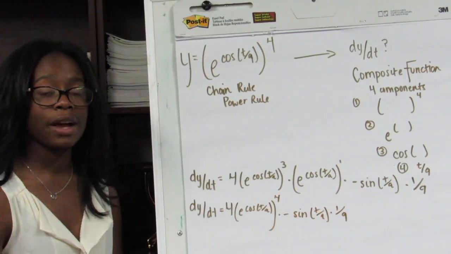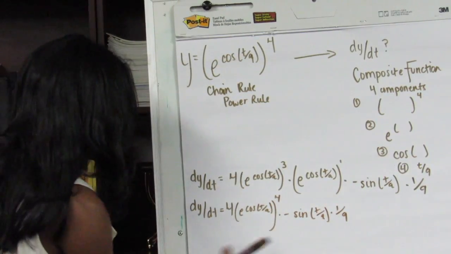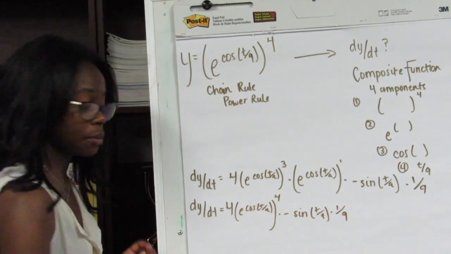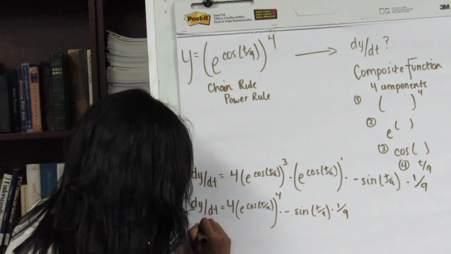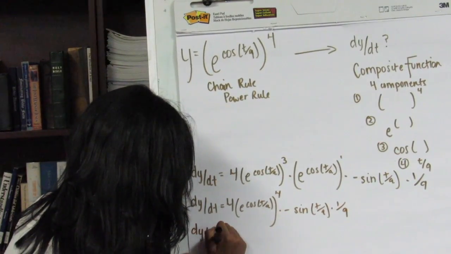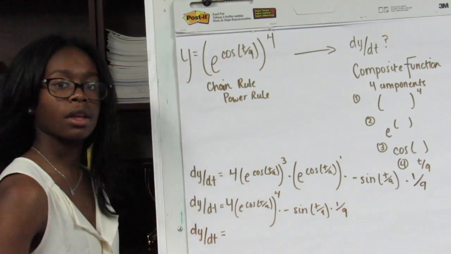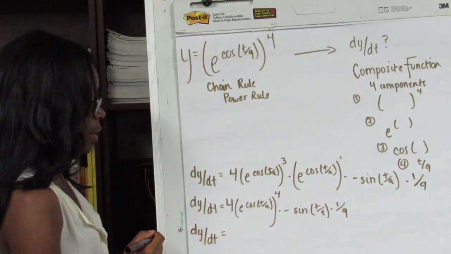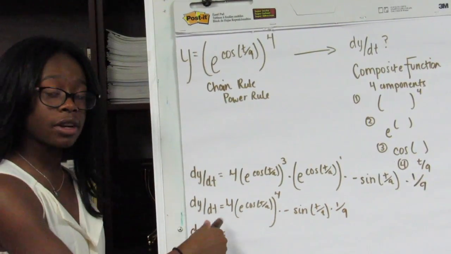Now we can still simplify it just a little bit further. We still have dy over dt, then we can bring the negative in front of this 4.